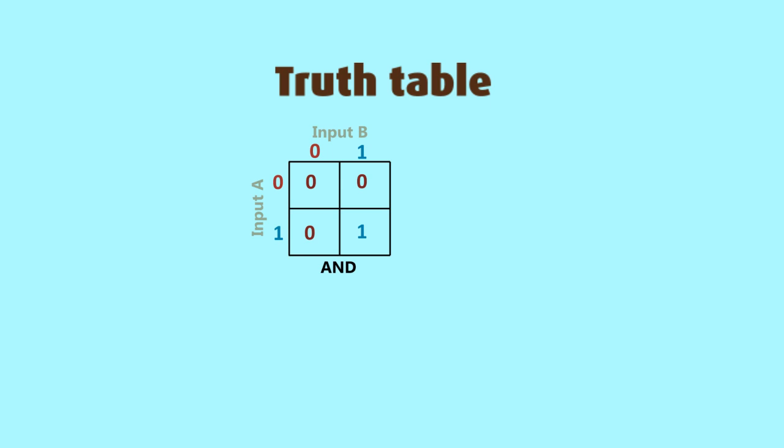Well, it looks like a multiplication table. Like if you were doing a multiplication table, this is how the results are going to be. So this is why in mathematics, or Boolean mathematics, the AND operation is also known as multiplication. So in math, sometimes we refer to AND as multiplication. This is the AND logic gate. This is how it works.